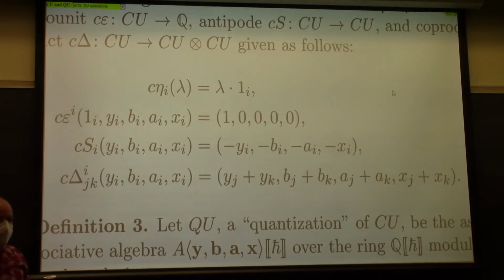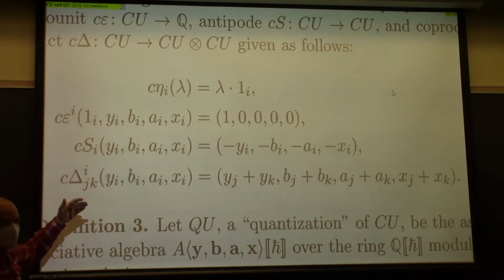So basically, applying the coproduct to a product is the product of the coproducts. So it's enough to define the coproduct on the generators. This defines it on the rest of the algebra, on the rest of Cu as well.